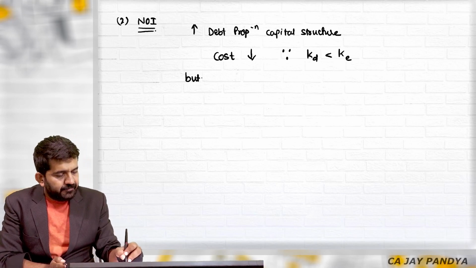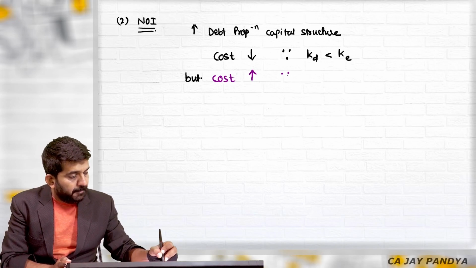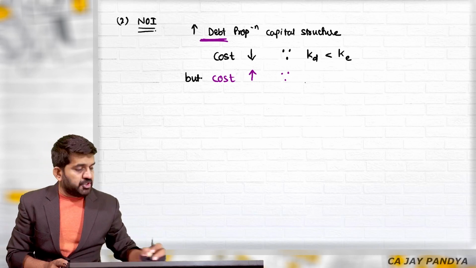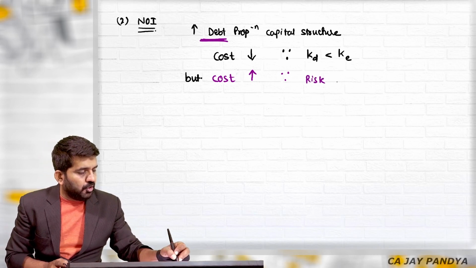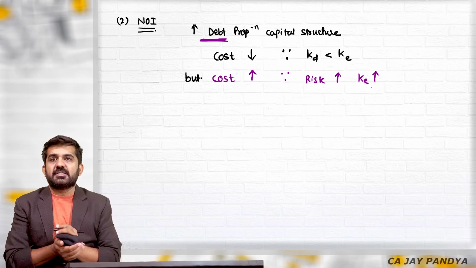But your cost will also increase, because once you increase the debt proportion, your risk increases and your KE will also increase.